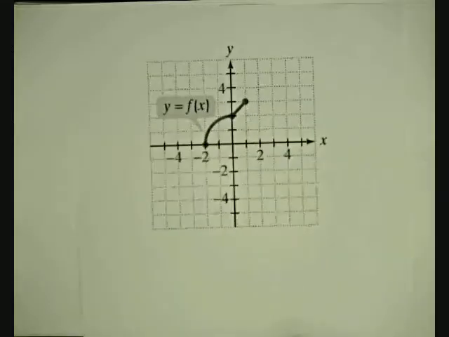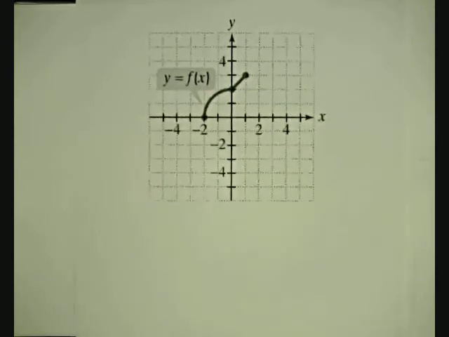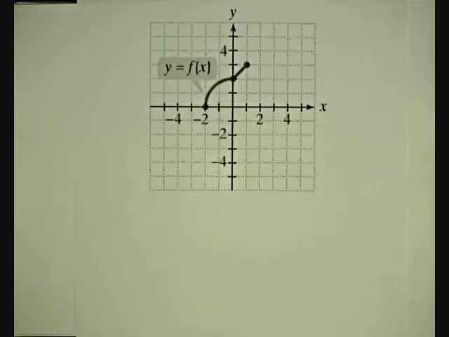Some of the other things we'll learn in the next section are maximums and minimums, and also where a function is increasing and decreasing. In example 5, we have this graph, and we are asked to state the domain and range of this function, as well as to find the function value at 1.